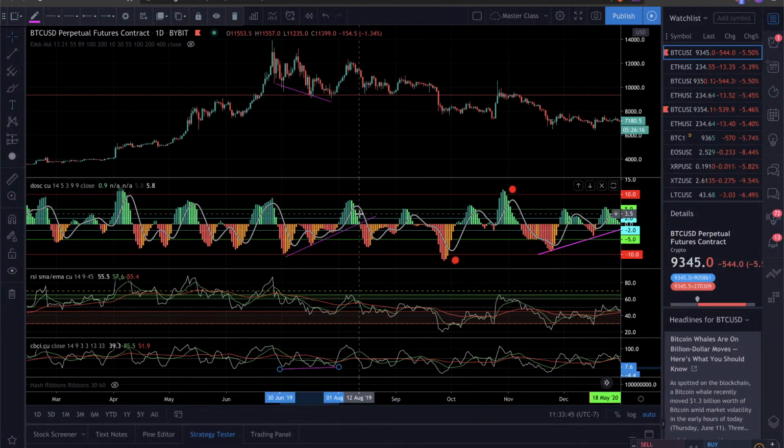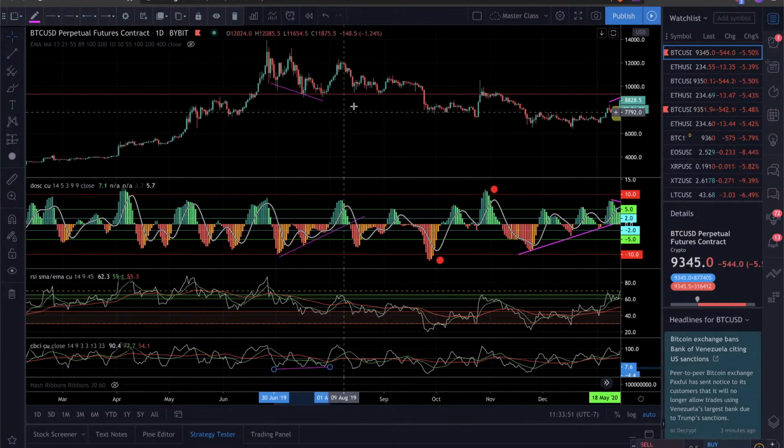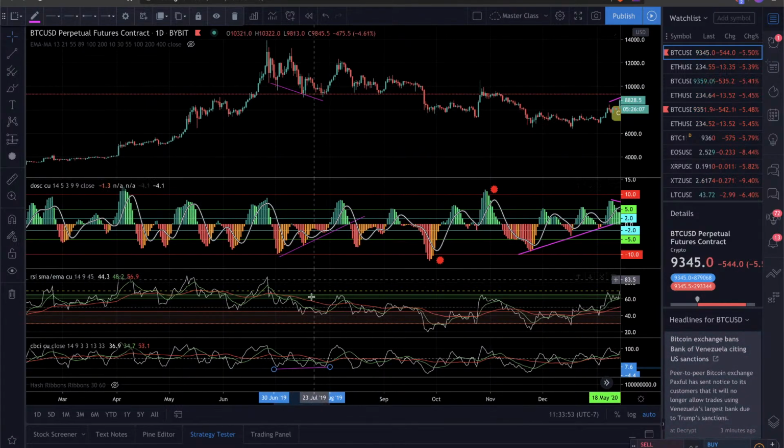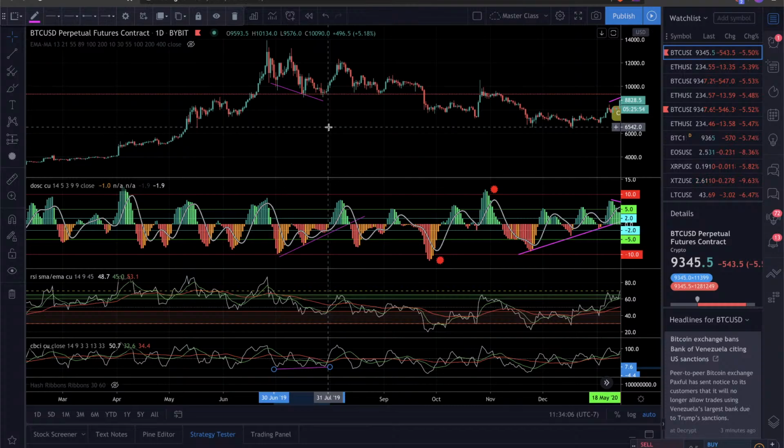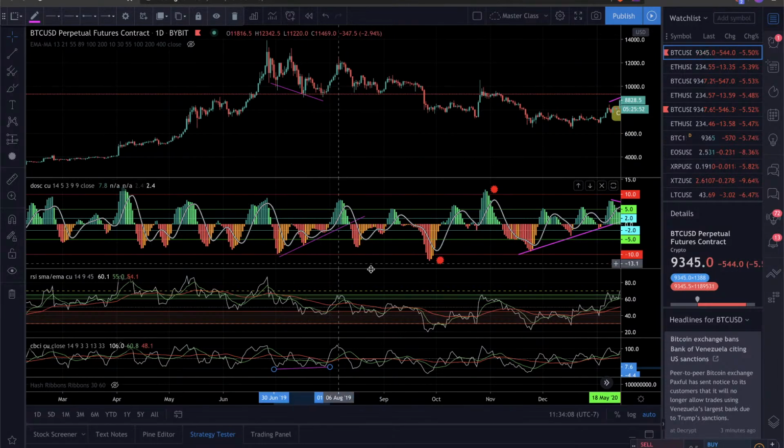So that's what I look for whenever I go through and I have these different indicators, because price action alone is going to tell you something, RSI alone is going to tell you something, the derivative oscillator alone is going to tell you something. But whenever you're able to pair up different indicators and look for confluence, it changes the game entirely. And this is just using the indicators.